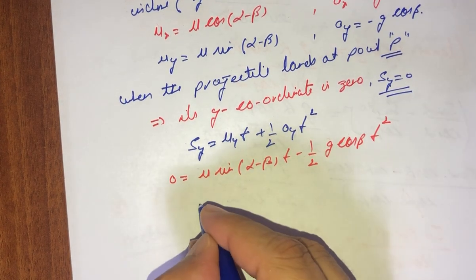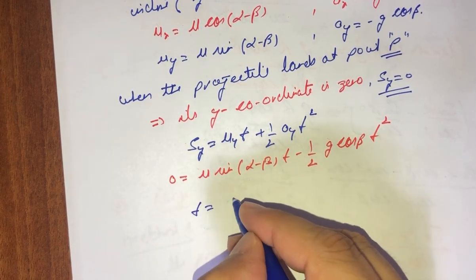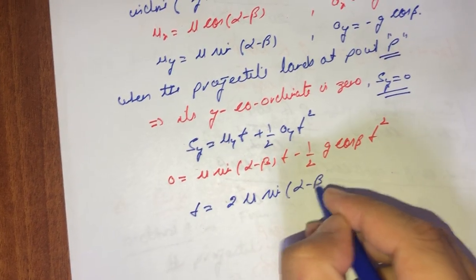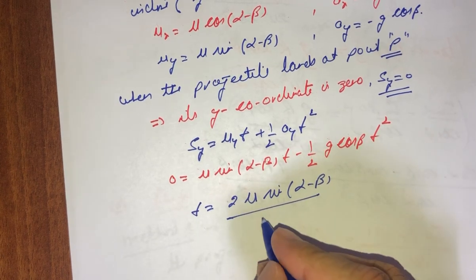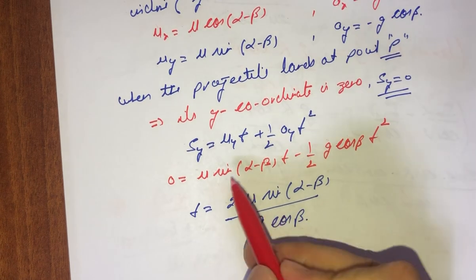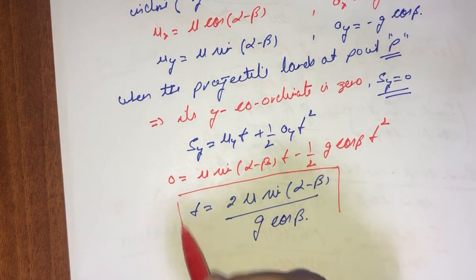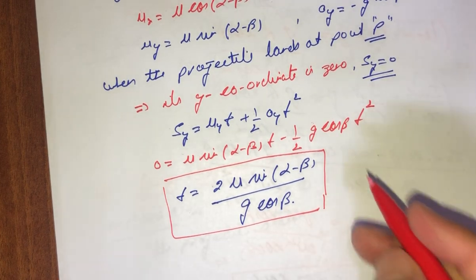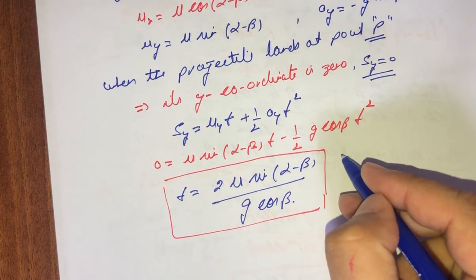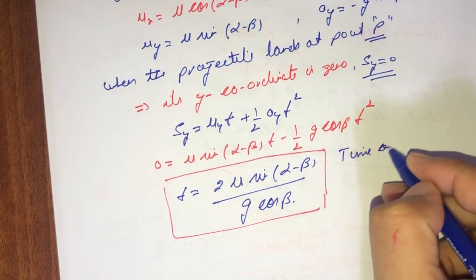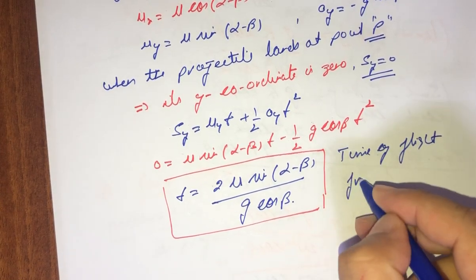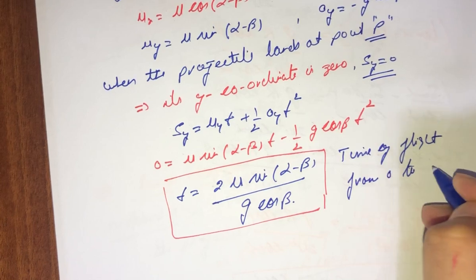So from here we can find out the value of t is equal to 2u sine alpha minus beta divided by g cos of beta. This is our time of flight from O to P. This is point O. This is equal to the time of flight from O to point P.